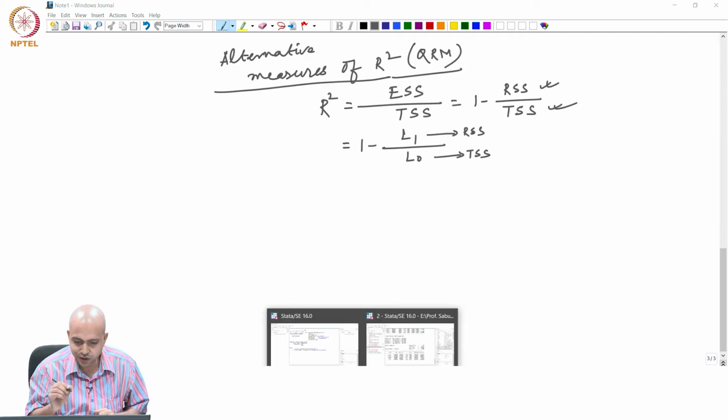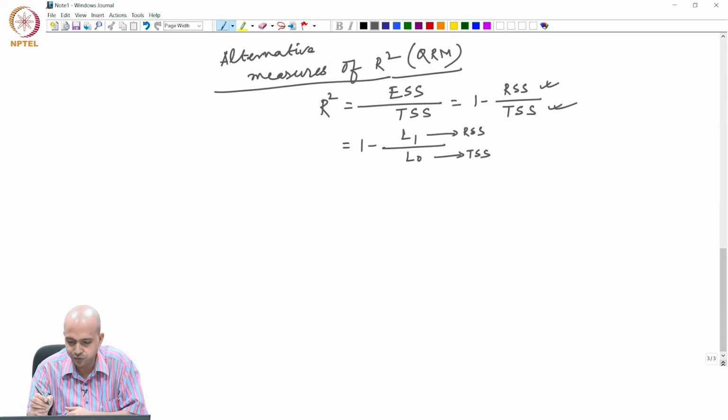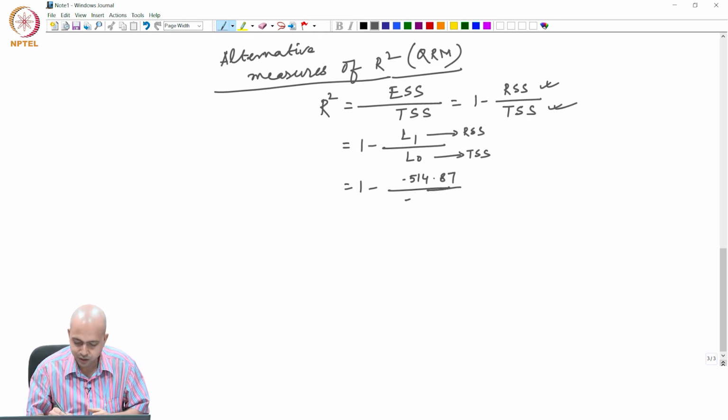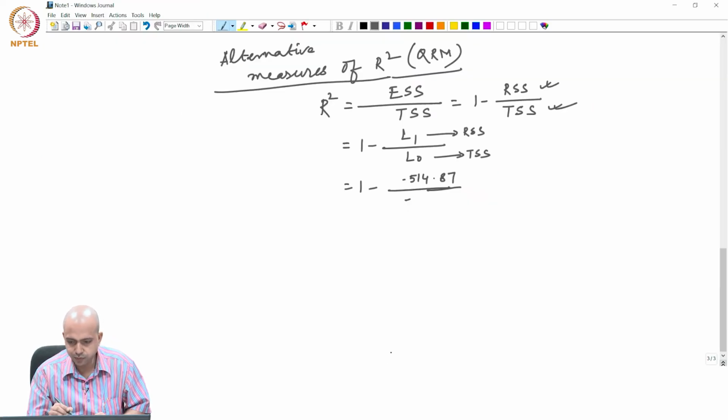In terms of the Stata outcome, if you look at L0, it is minus 514.87 or something, divided by, sorry, I made a mistake, I think.